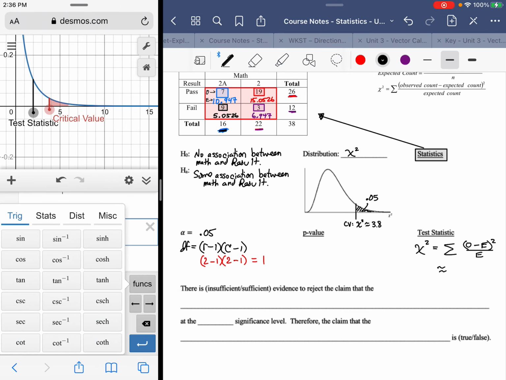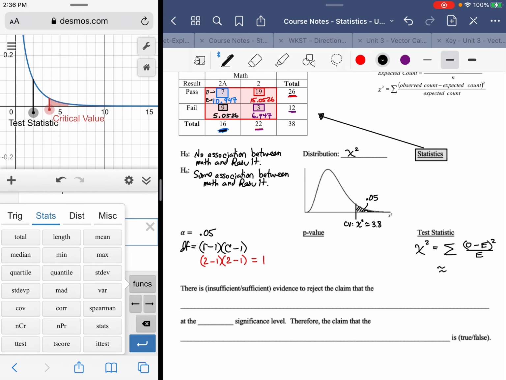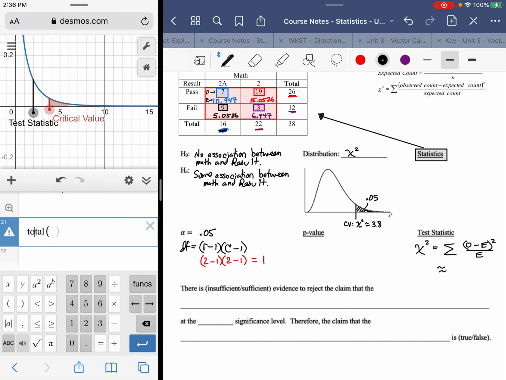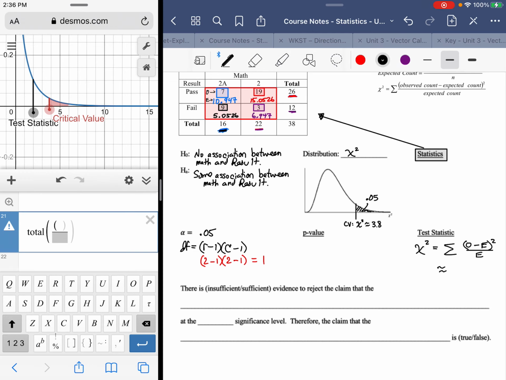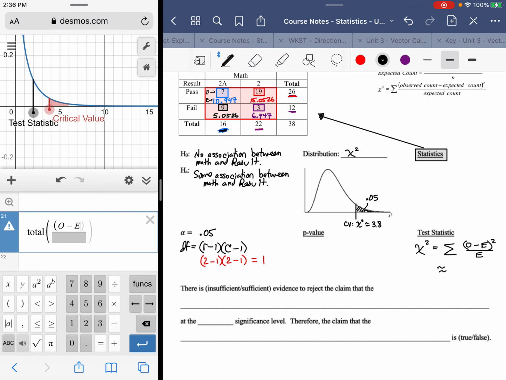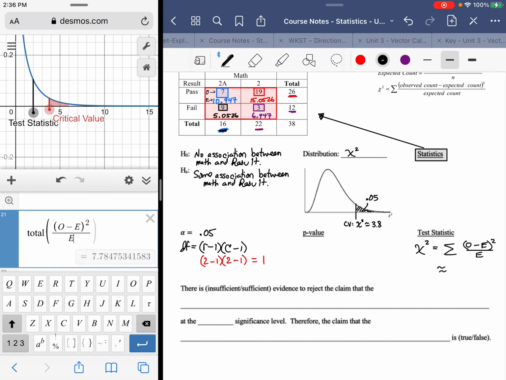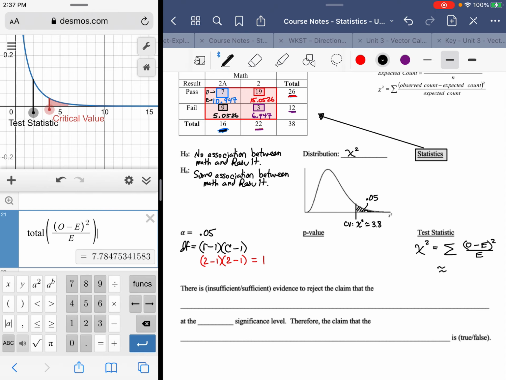I'm going to use the total function under stats: total, fraction, open parentheses, O minus E, close it up, square it, divided by E. And that'll give me my test statistic. So my chi-square is going to be about 7.785.